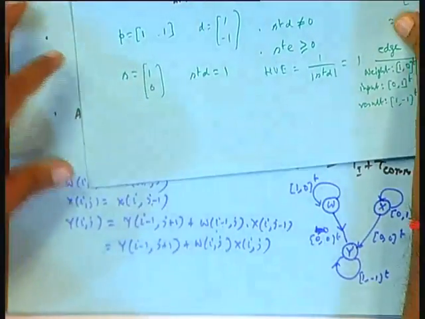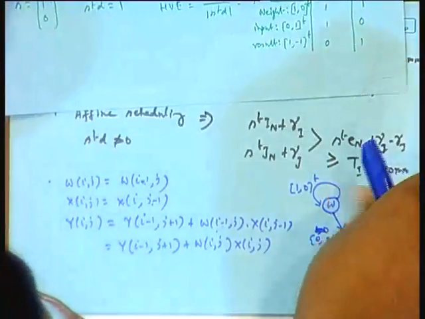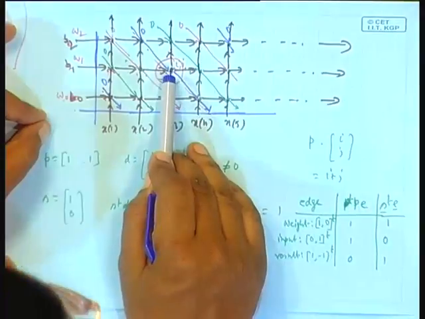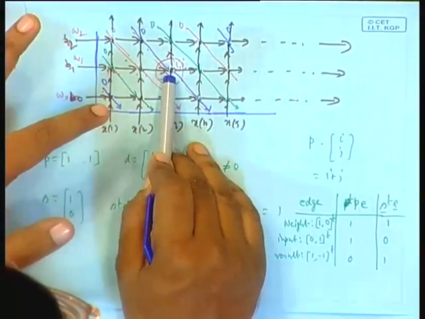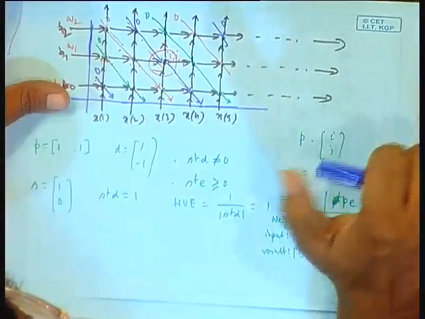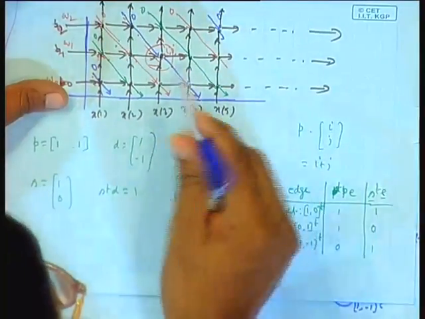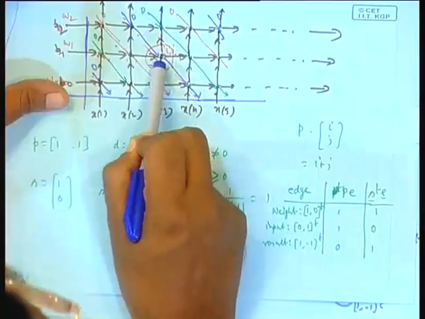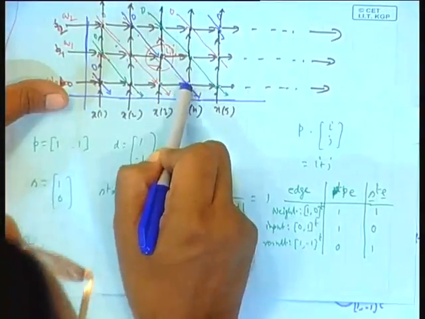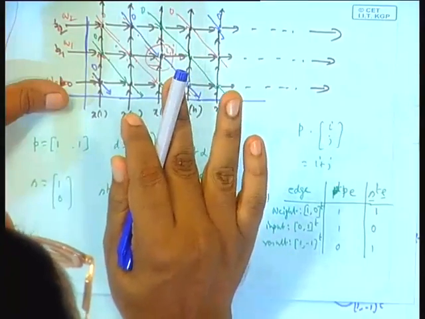Now you see what I am saying here. When I am considering DG only and then defining the systolic array, if I am giving, say, affine, the way I have drawn, to this node I will use only one gamma, to this one gamma, to this one gamma, like that, only one gamma.